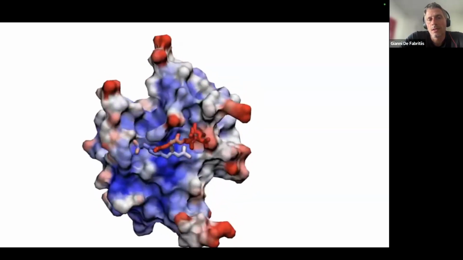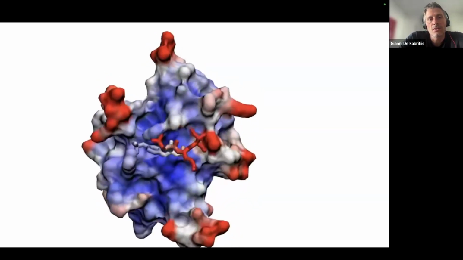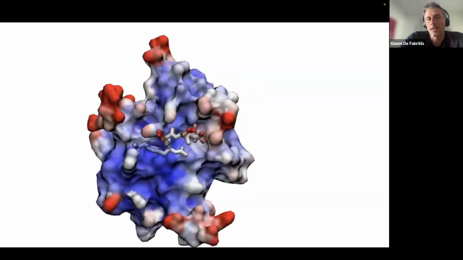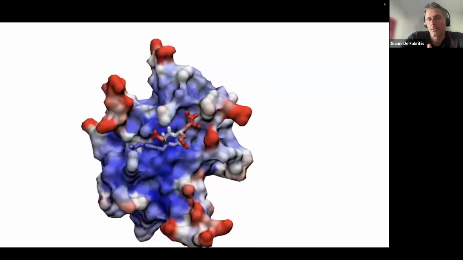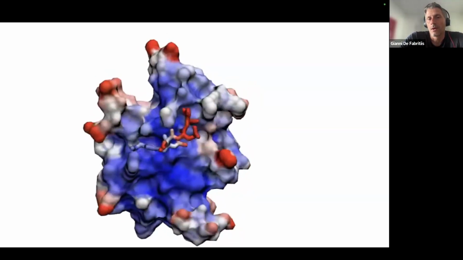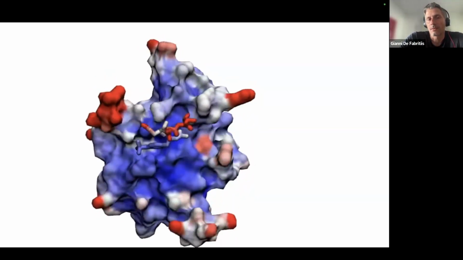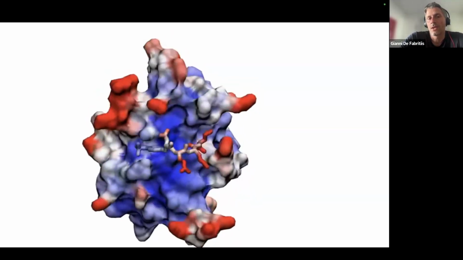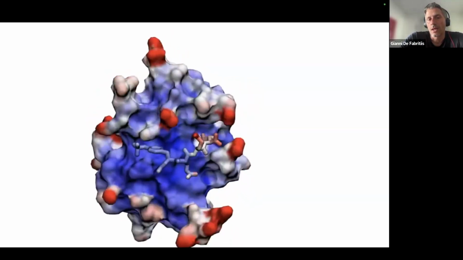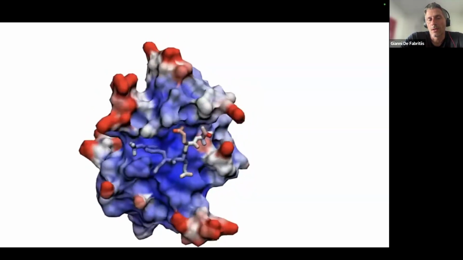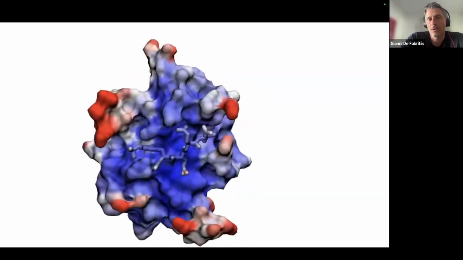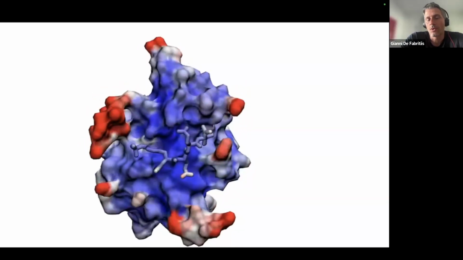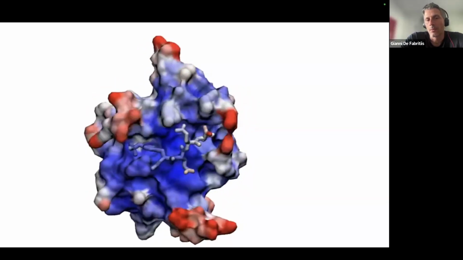Doesn't really matter. In these simulations, you take the atoms of the protein, you take the atoms of the peptide, you let it go, and naturally, based on the force field that you gave, they form interactions, and these interactions drive the dynamics that you're seeing here. The color is proportional to the movement. So you see that the peptide, once it's bound, is way more rigid than it was when unbound.